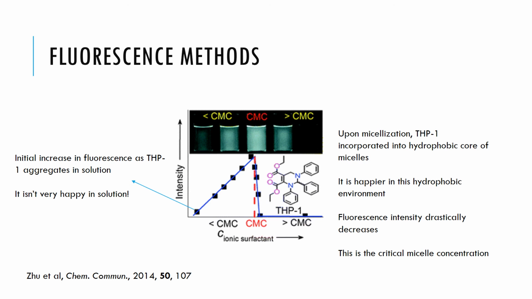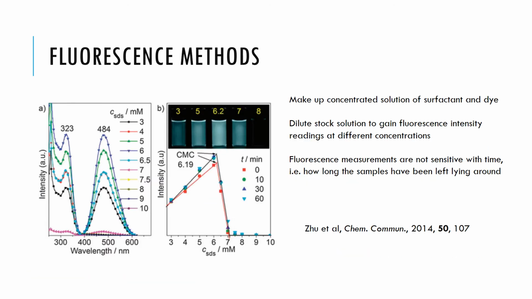That point at which fluorescence decreases is the critical micelle concentration. And you can see there that there are a few more graphs there taken from this paper.